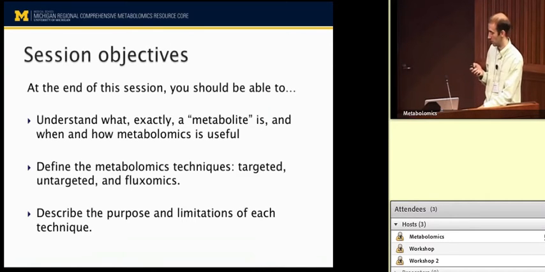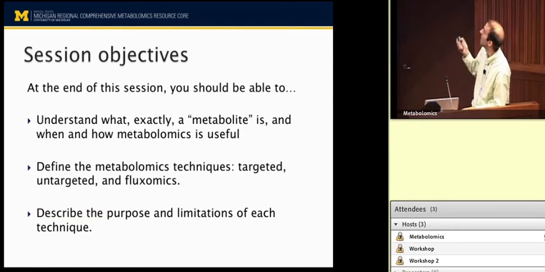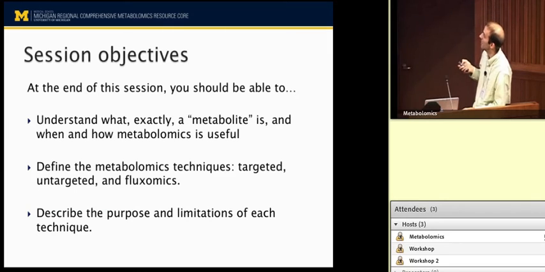So along those lines, at the end of the session, understand what exactly a metabolite is. Well, we've been talking about metabolites all this time, and no one's really defined them yet. Most of you have a good sense of what this is, but in the context of this talk, where I'm talking in granular detail about classes of metabolomics, I like to define it in my terms, and then when and how metabolomics is useful, so that you can know when to do it and when not to do it.